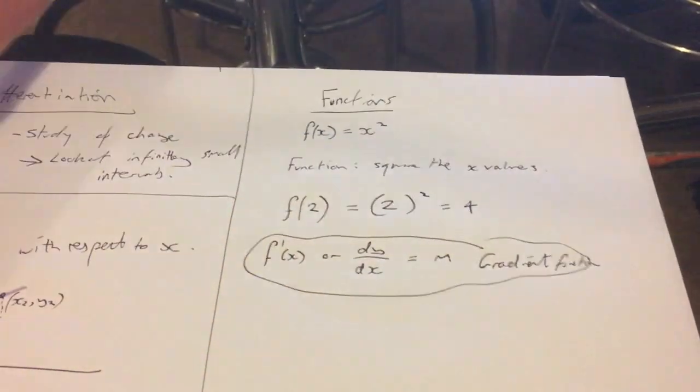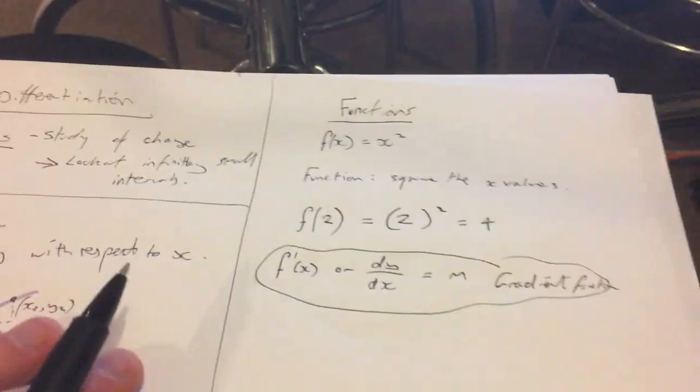Gradient function, which we'll talk about a bit later. So we're going to start off with x squared as the function that we're going to try and find the gradient of. So our function f of x, we're going to look at x squared.